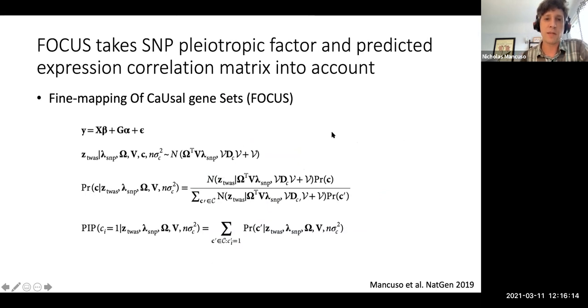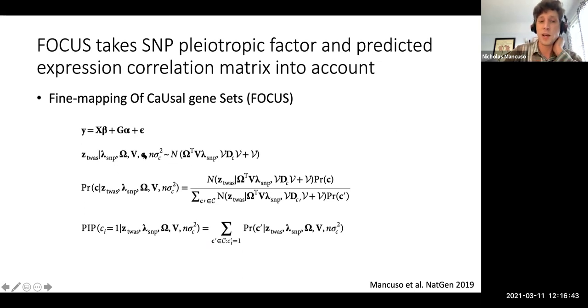So a little bit of math. We had a paper a couple years back that focused on this model where the trait of interest is a function of gene expression, some effects from gene expression, some residual SNP effects. You can think of that as a way to account for pleiotropy. I'm going to kind of ignore that for now, and some noise. And then given the TWAS, if we were to perform a TWAS one at a time, given those TWAS associations, we can define what the likelihood is.